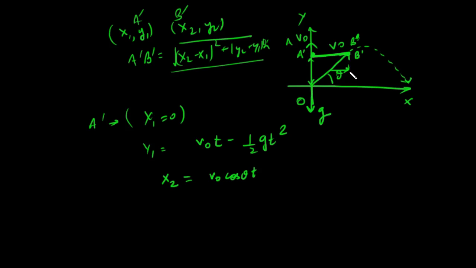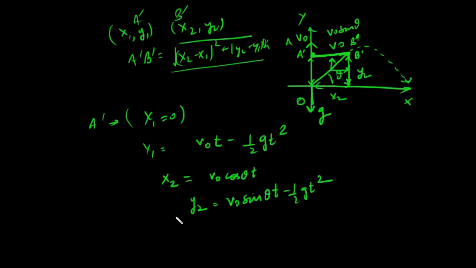So this would be x2 and this would be y2, the vertical distance. What will be y2? We can use the second equation of motion, but the vertical velocity here will be v0 sin theta. So we can write the same, just replace v0 by v0 sin theta. This will be v0 sin theta t minus half g t square.